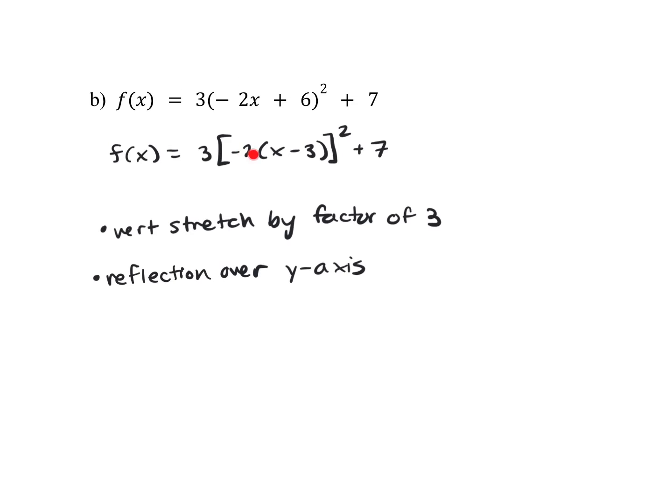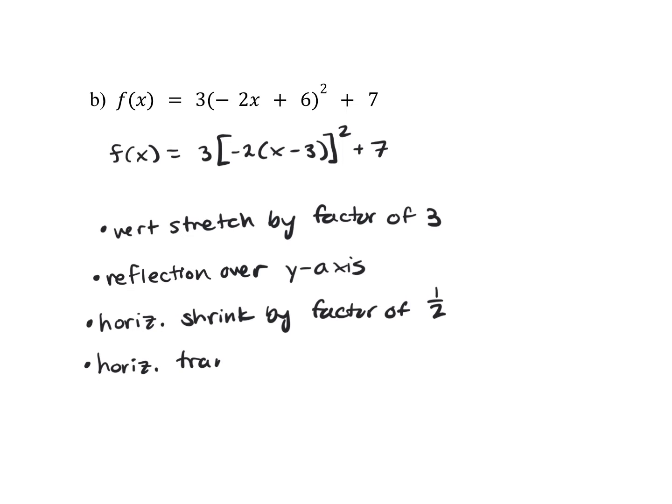And then this is going to be a horizontal stretch or shrink. Since the stretch or shrink factor is 1 over 2, it's always the reciprocal of a, this is going to be a shrink. So this would be a horizontal shrink by a factor of 1/2. And then we have the horizontal translation, and it's going to go to the right 3.